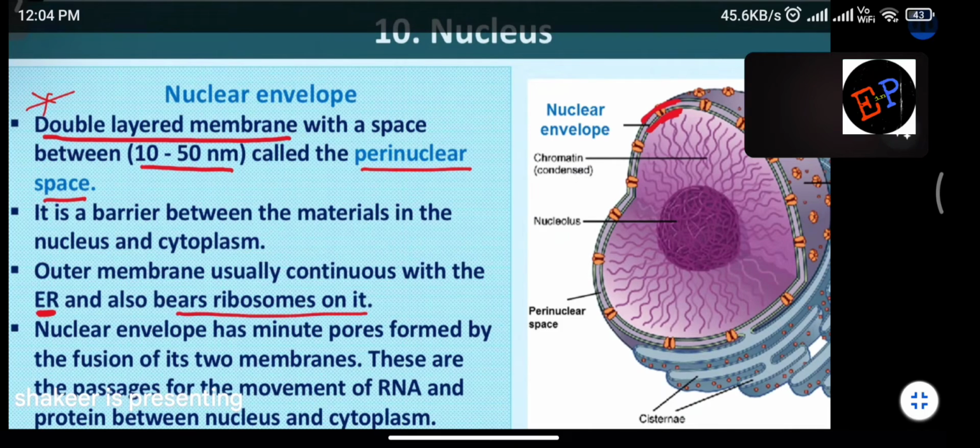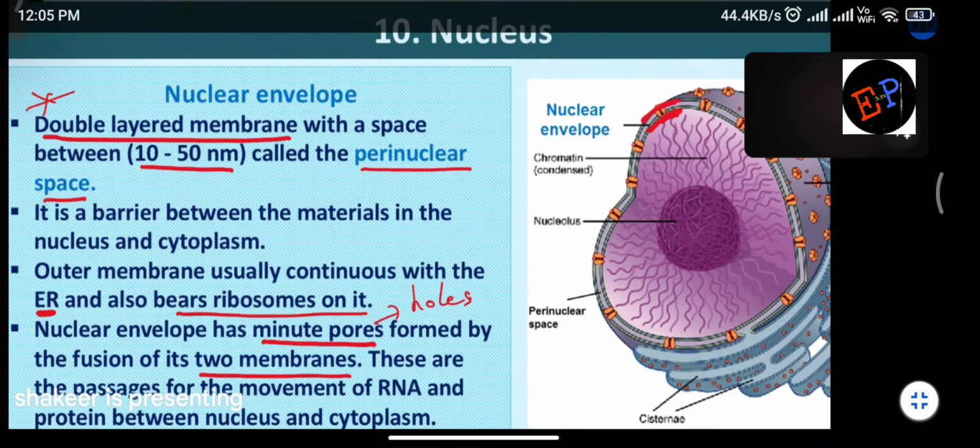So, nuclear envelope means the cover of this double membrane nucleus. Okay? It has minute pores. Pores means holes. Holes are present, formed by the fusion of both membranes. It means these holes pass through the first membrane and also through the second membrane. Are you able to understand?